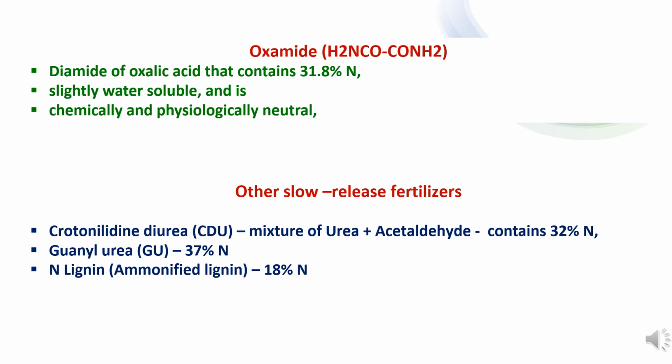Other slow release fertilizers are crotonylidene diurea, CDU, which is the mixture of urea and acetaldehyde, which contains 32% of nitrogen. Another one is guanyl urea, GU, which contains 37% of nitrogen, and there is N-lignin, which is ammonified lignin, containing 18% of nitrogen. So these are slow releasing nitrogen fertilizers.